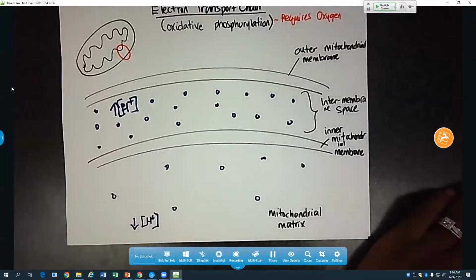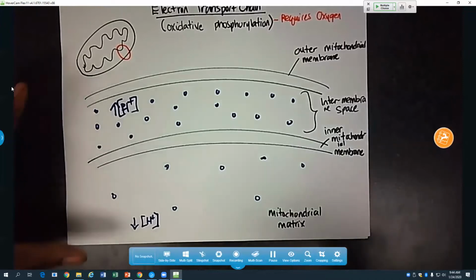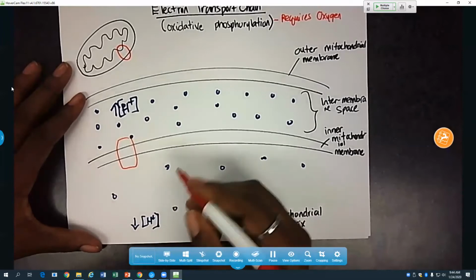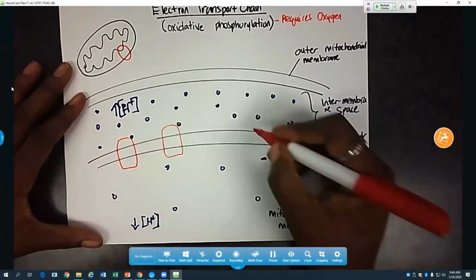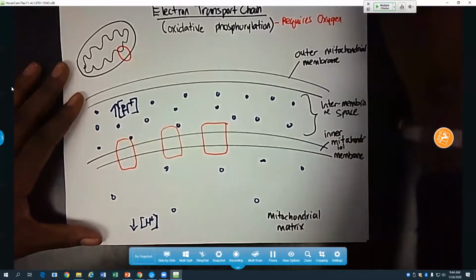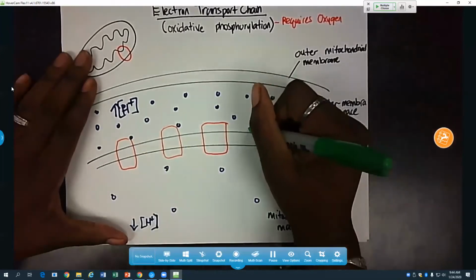We also want to point out the complexes. So the complexes are molecules that are sitting in the inner membrane. And the final most important complex here is ATP synthase.